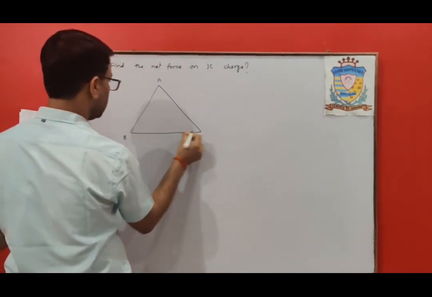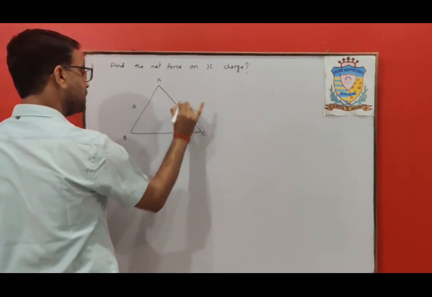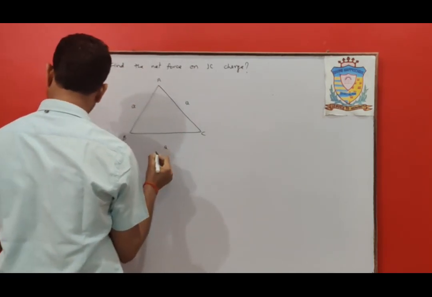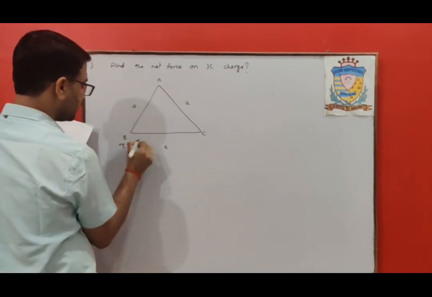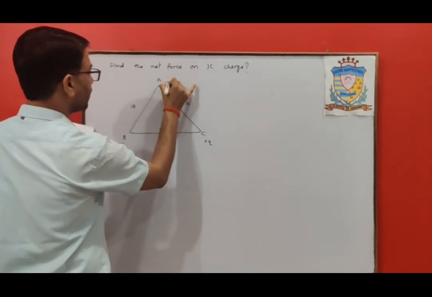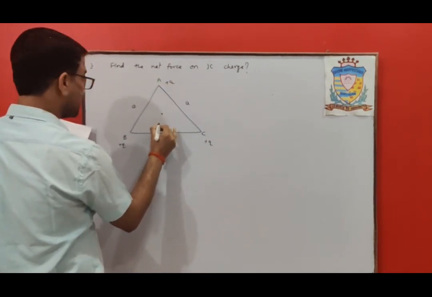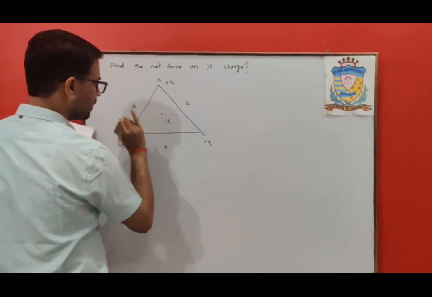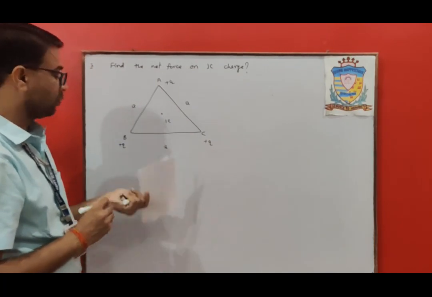A, B, C. It is given that each side is equal to A and the charge is plus Q at each corner. We have to find the net force on the 1 coulomb charge.